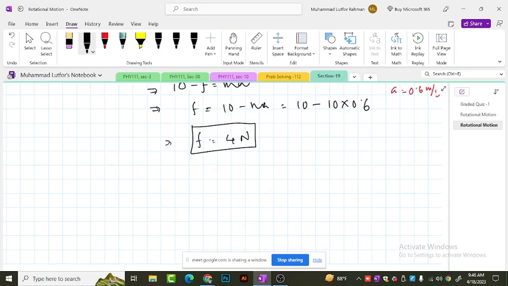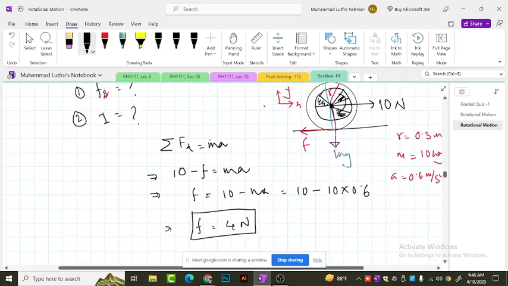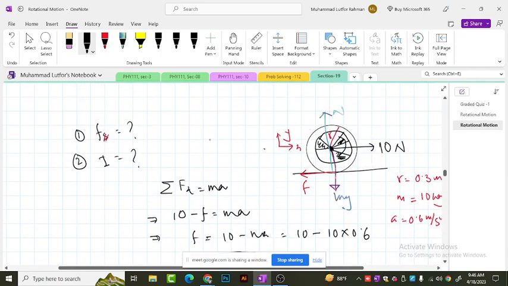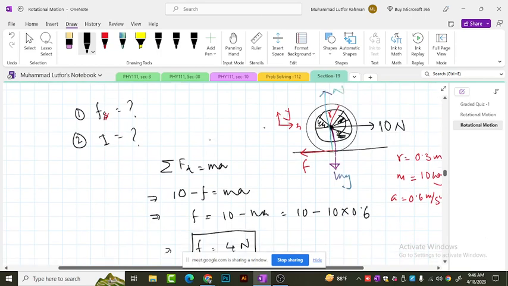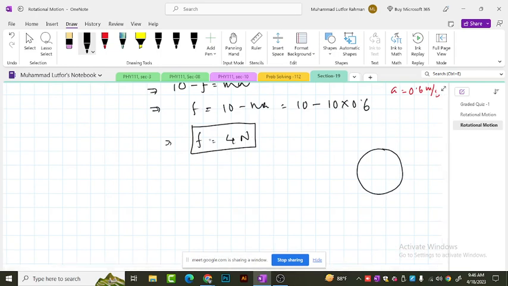Second, they asked me to find the moment of inertia of this system. I know this wheel is rotating about its center of mass, but it doesn't look like a disc, right? A disc is a continuous surface, with no gap in the disc. But in the case of a wheel, it is not a continuous surface.